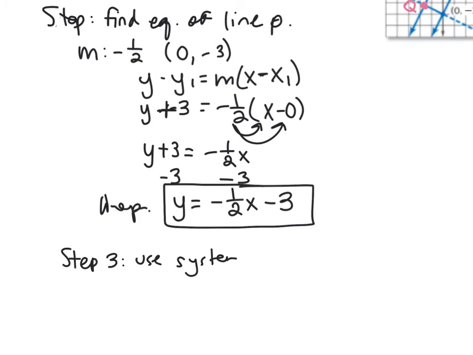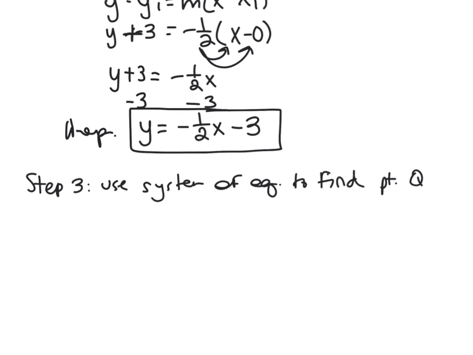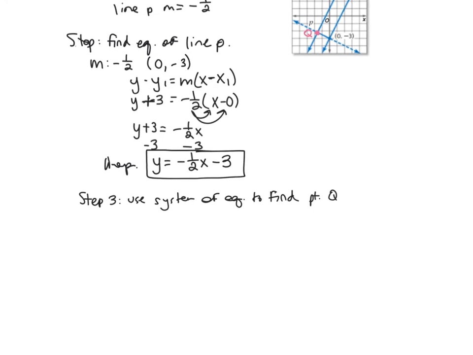Step 3: use a system of equations to find point Q. Okay, so point Q, remember, lies on line L, which is y equals 2x plus 1, and then it intersects with line P, which is y equals negative 1/2 x minus 3.